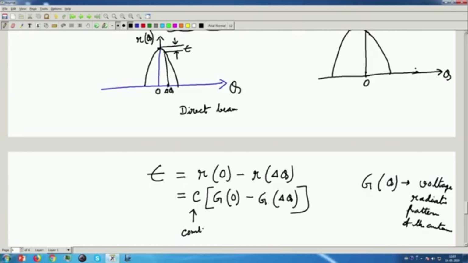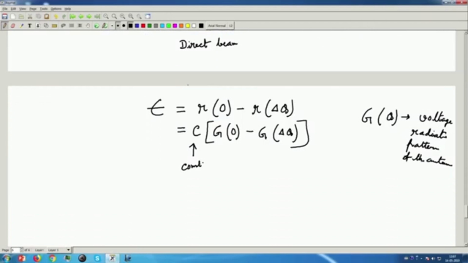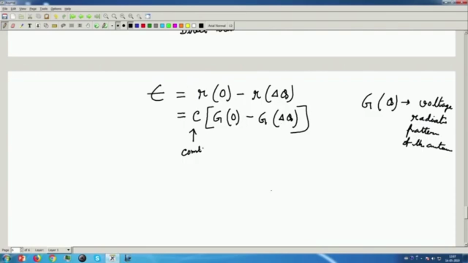Now, since the radiation patterns are continuous, they are analytic. So, we can find out the expression of G delta theta if I know G naught by expanding G delta theta in a Taylor series.